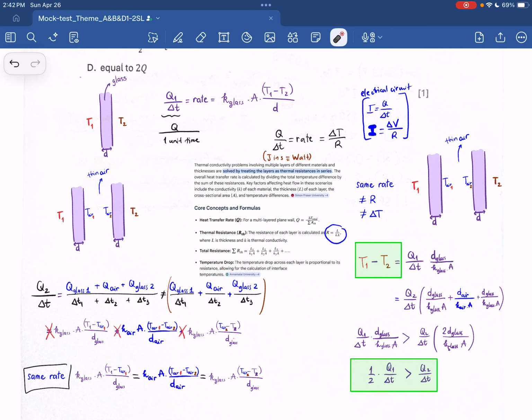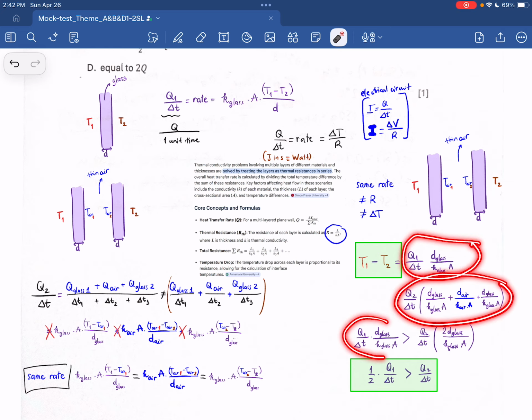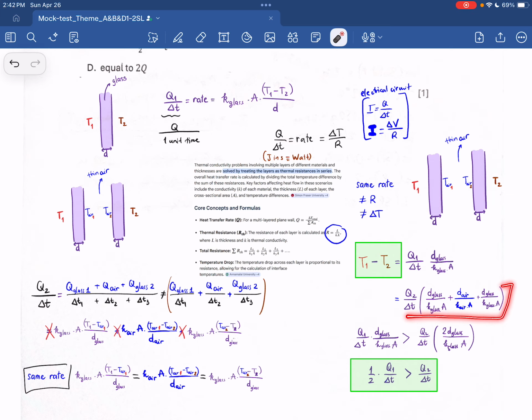So if you compare these terms, you can see that the whole thing here equals the sum of all three terms. If we just pick out these two terms and add them together, that will be 2 times D of the glass over K and A. And because the whole thing also includes another term, which is also positive, it's clear that the whole thing will be greater than just these two added together.